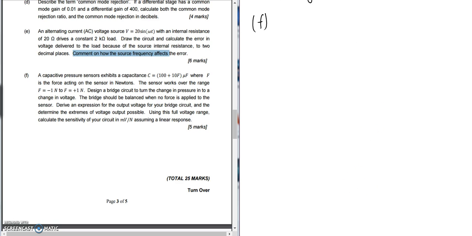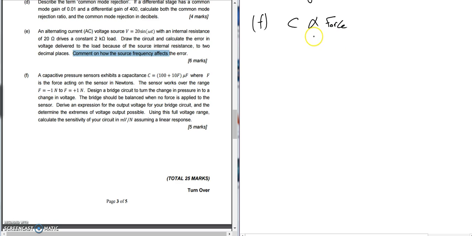So for question F, capacitive pressure sensors exhibit the capacitance. For pressure sensors, usually capacitance is directly proportional to force.